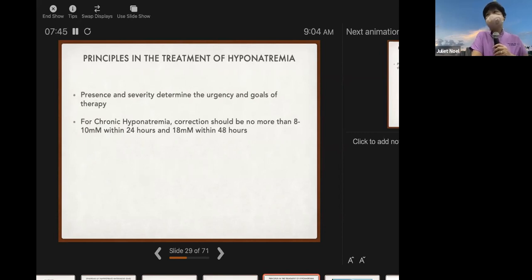So if you get it every 4 hours, it's quite expensive. The maximum is 18 mEq or millimoles within 48 hours. So you correct, but correct it slowly.